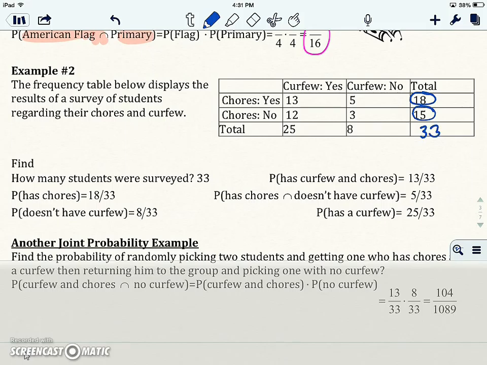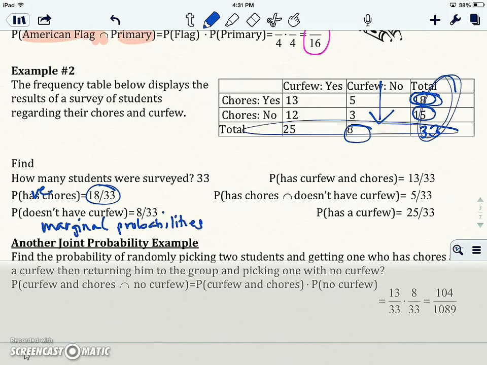How many kids have chores? Well, 18 out of 33. The probability that a kid doesn't have a curfew, go this direction, that's 8 out of 33. Okay, and these are called marginal probabilities because they're found using the margins of this table.